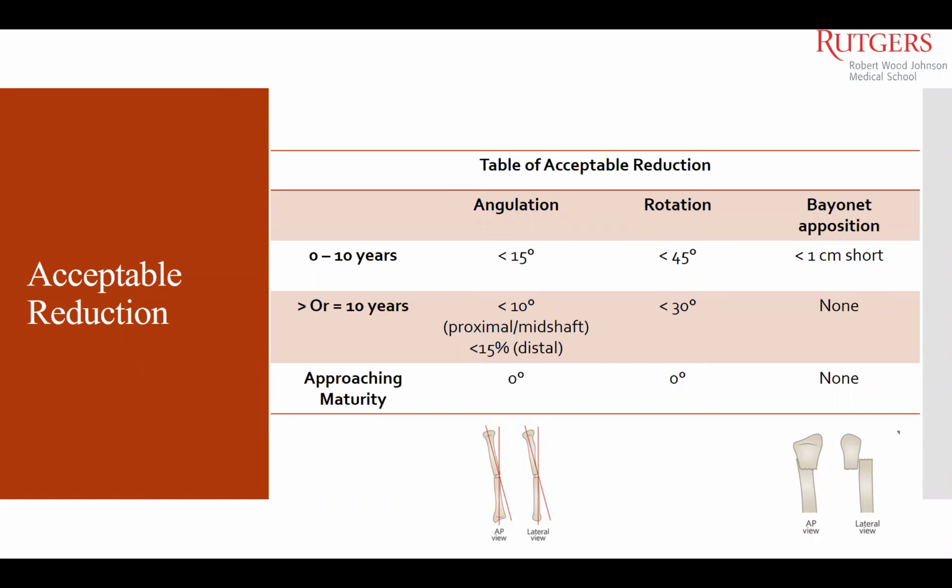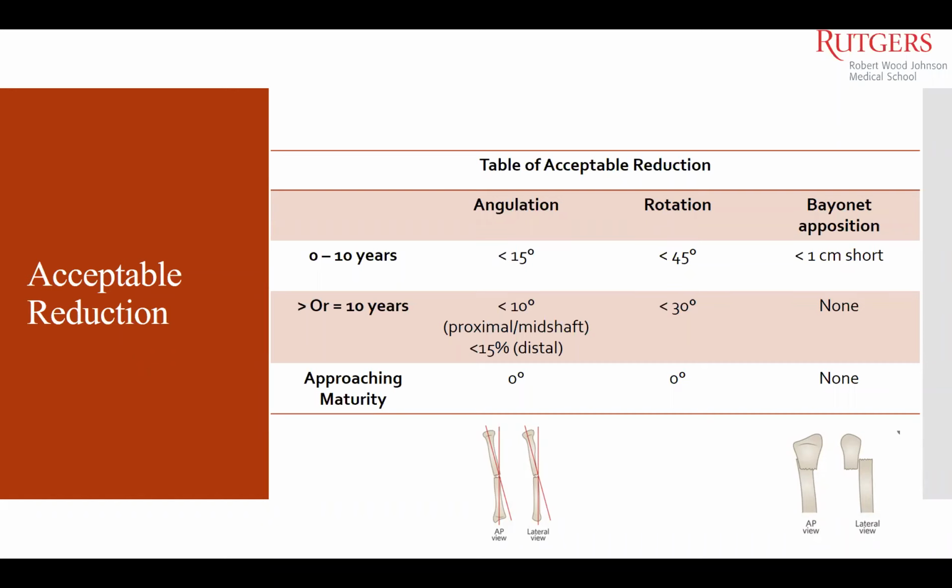As you age, again, that remodeling potential diminishes. For the proximal and mid shaft, we accept less than 10 degrees of angulation, and distally less than 15 degrees. That's mostly because your distal radial and ulnar growth plates are responsible for 75 to 80% of the longitudinal growth each year for each of the bones, which is why distal fractures have high remodeling potential, compared to fractures closer to the elbow.